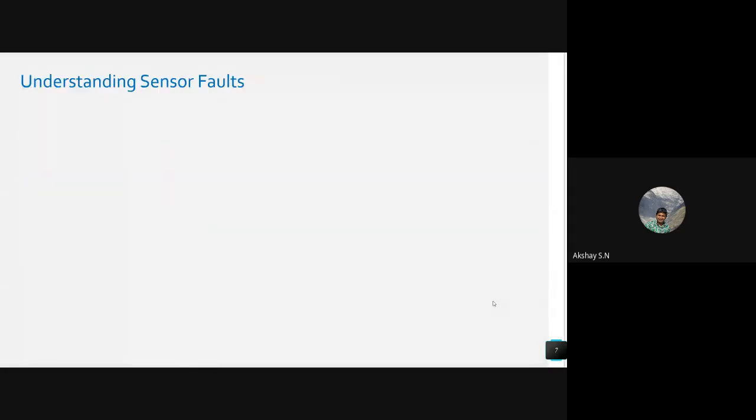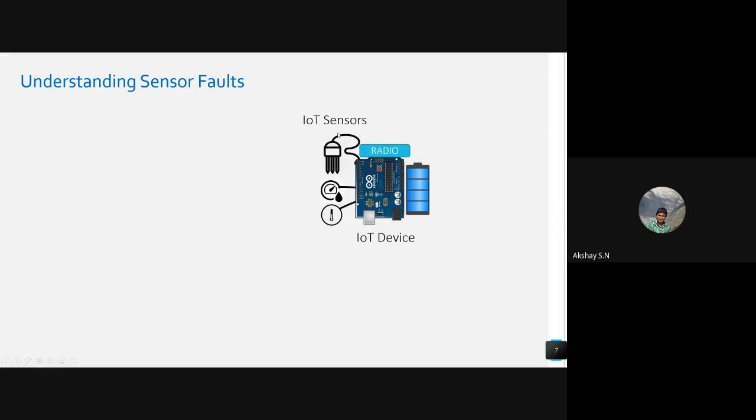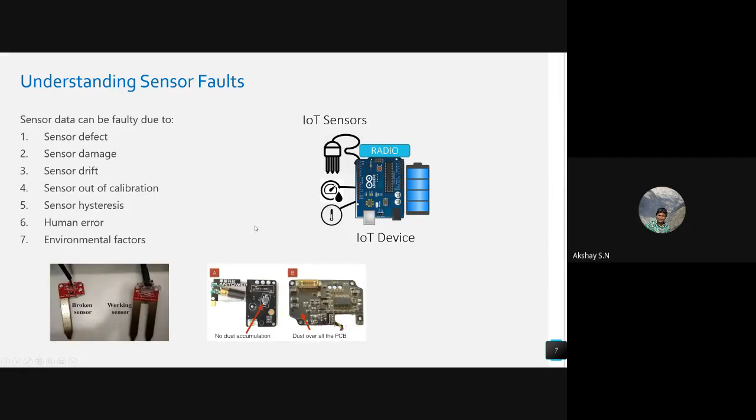Now, let's understand what a sensor fault means. Here is a typical IoT device. It has a microcontroller, a radio, and a battery. And to this IoT device, you attach a bunch of sensors, like a moisture sensor, temperature sensor, pressure sensors. Now, these sensors can go bad for numerous reasons.